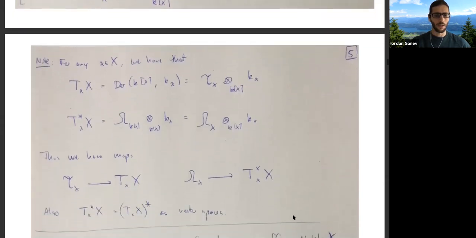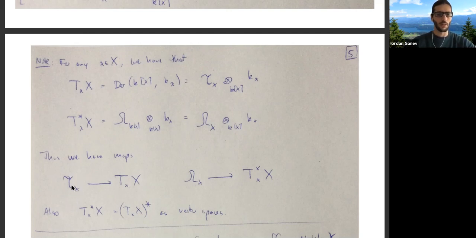And we have these evaluation maps. Anytime we have a derivation, when we apply it, it's a map that lands inside of k[X], but then we can evaluate that function at little x to get an element in the field. And this composition will be a derivation from k[X] to k_x.